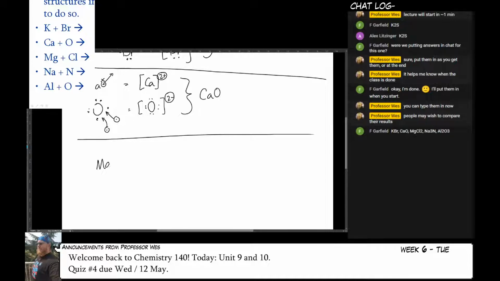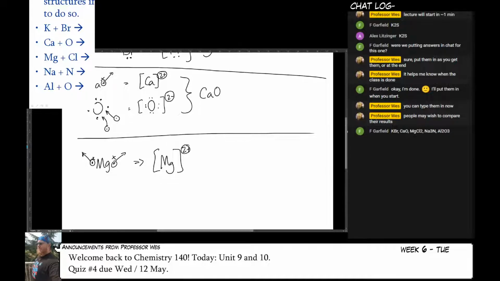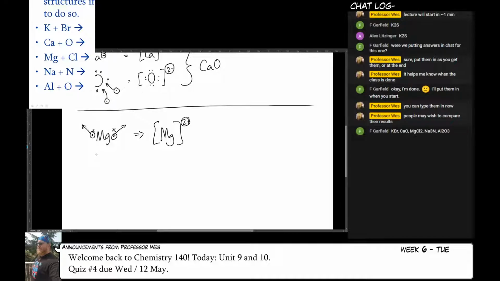And then for magnesium, I need to get rid of its electrons. So I have that. I'm going to run out of space here. Each chlorine starts with 7. I can give it an electron.